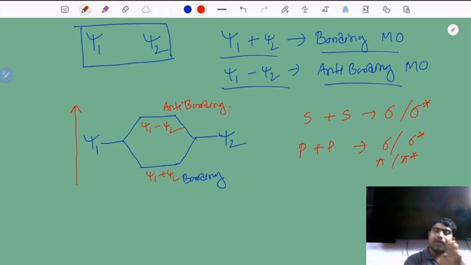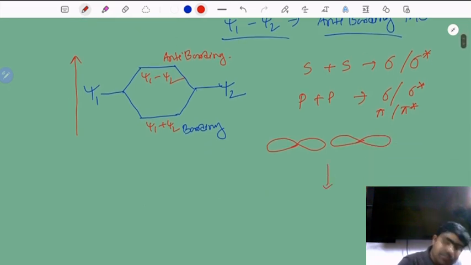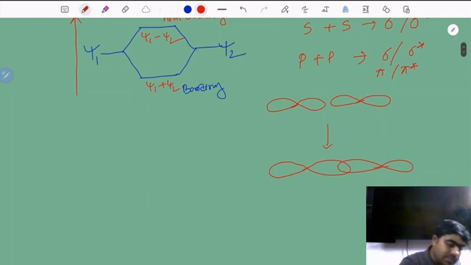Why do they make sigma and why do they make pi? Suppose one p orbital is like this, and I have another p orbital. These two p orbitals combine to make a sigma bond. This is the sigma bond. Here the overlapping is head-to-head overlapping.